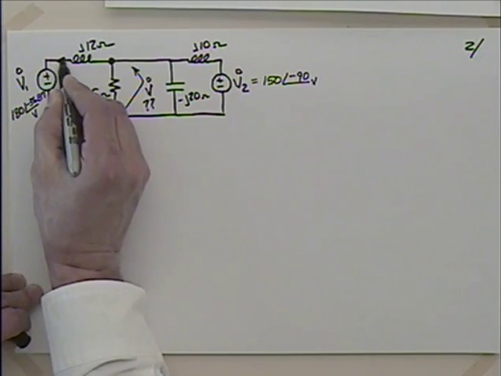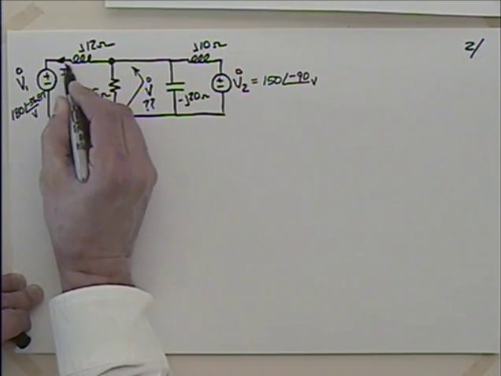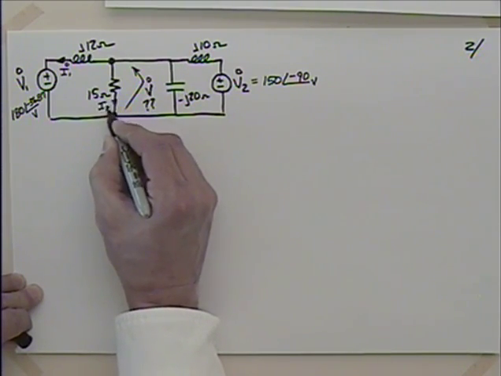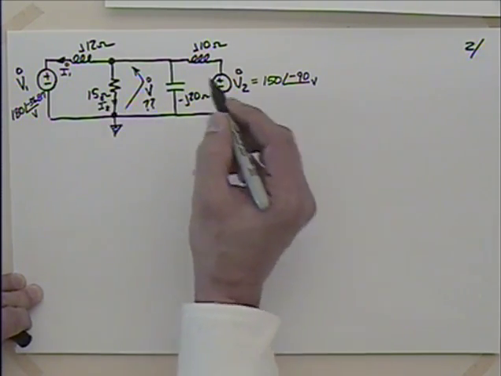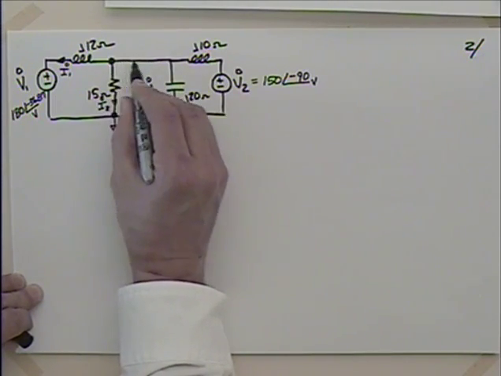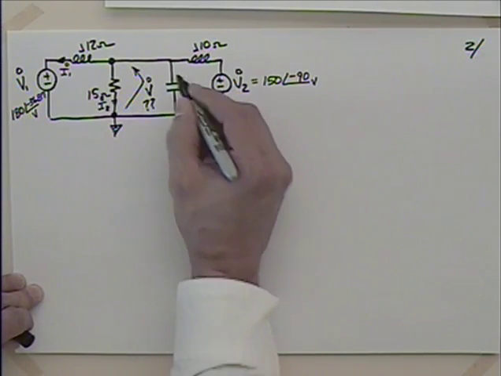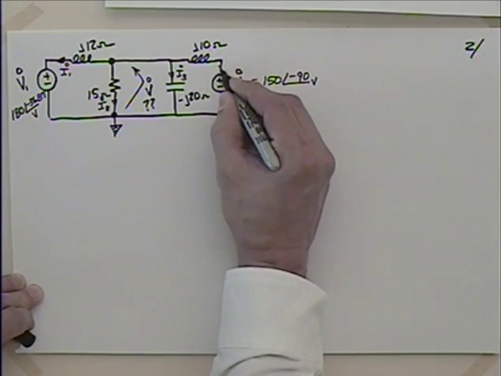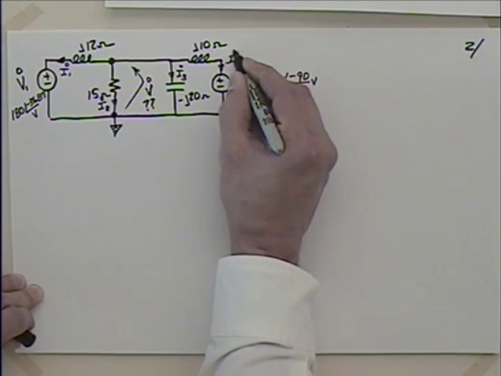So I'm going to assume this current here as I1. I'll assume this current here as I2. I'll assume this is all one node. I'll take this as I3. And finally, I4.